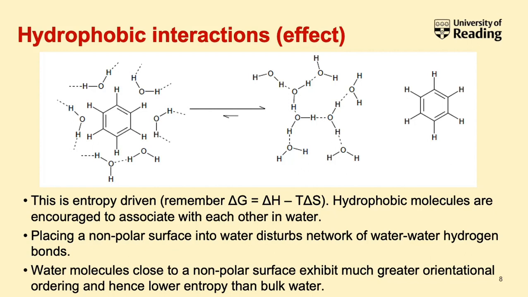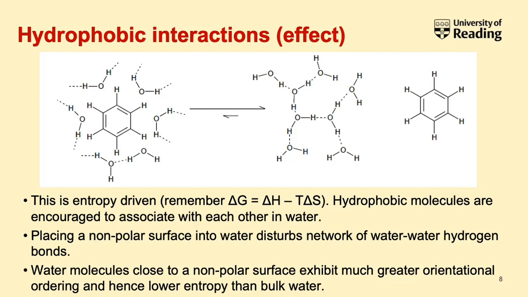And we call this caging because it leads to a rigid cage where the water molecules are interacting more strongly with each other because they can't interact with that hydrophobic moiety. And therefore you have significantly reduced the mobility, the motion, the disorder of the solvent by having the presence of that hydrophobic moiety within water.